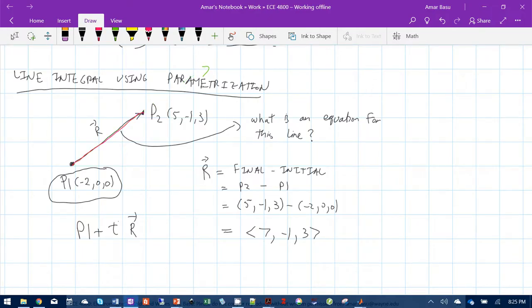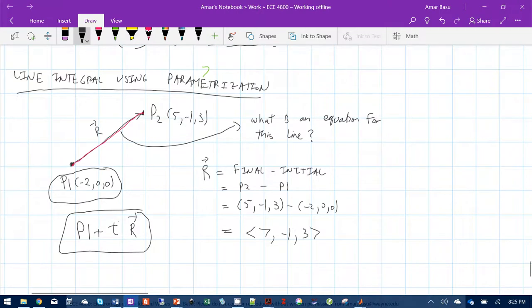All right, everyone with me so far? So this serves as an equation for a line: P1, the first point, plus a parameter t times the vector that connects P1 to P2.